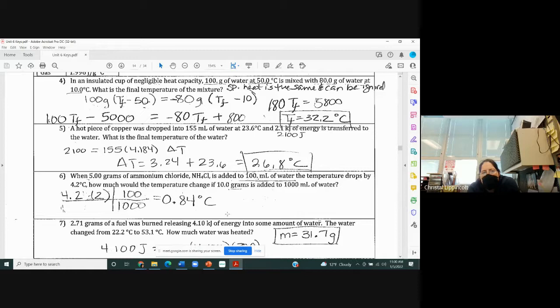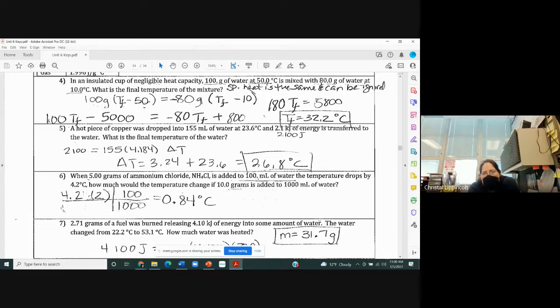6, please. Okay. So 6, you had 4.2 degrees here, right? Okay. So I'm doubling the amount of mass here, right? From 5 to 10.